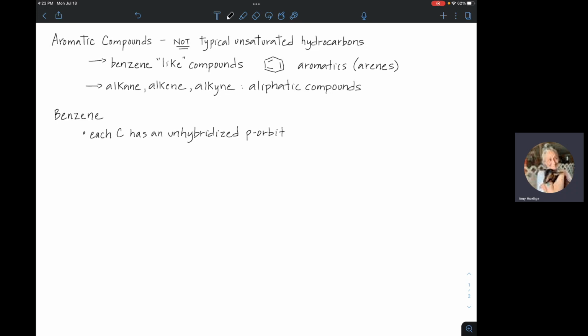And so that unhybridized p orbital is going to be used to create a pi bond, but this unhybridized p orbital is laying perpendicular to the sigma bond in the ring. So each carbon has an unhybridized p orbital perpendicular to the carbon-carbon sigma bond in the ring.